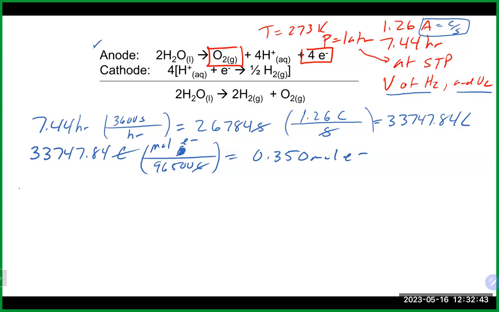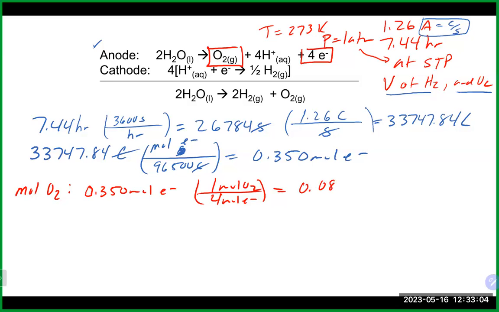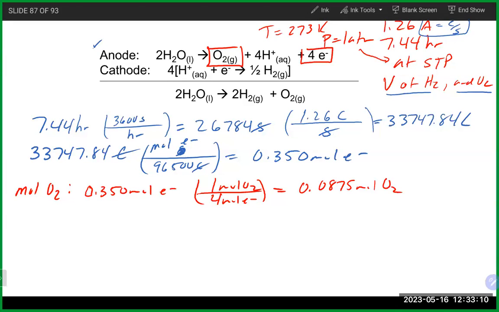So to get the moles of oxygen gas, we will take our moles of electrons and use the half reaction as a conversion factor: 4 moles of electrons, 1 mole of O2. And that gets us 0.35 divided by 4, which looks like 0.0875 moles of O2.